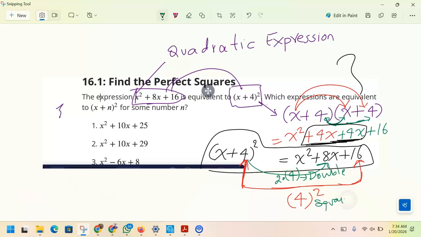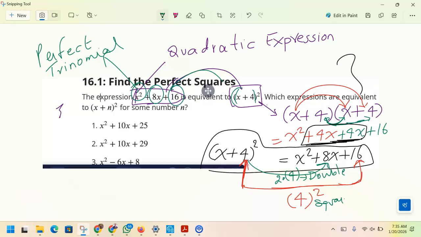How do we know these two expressions are equivalent? This has three terms, and it is called a perfect trinomial. This is another vocabulary word: trinomial, because there are three parts, 1, 2, and 3. And perfect because we can write it as the square of that.